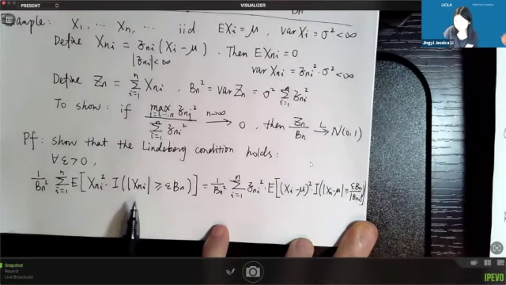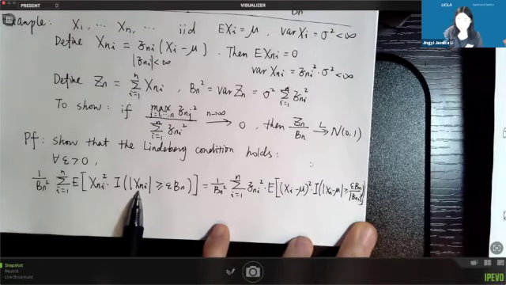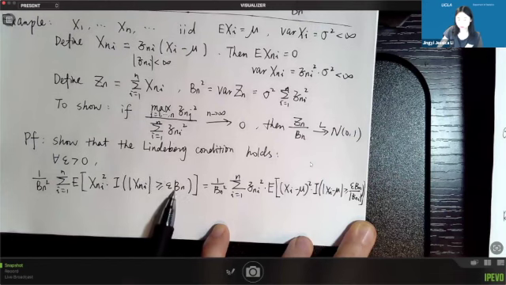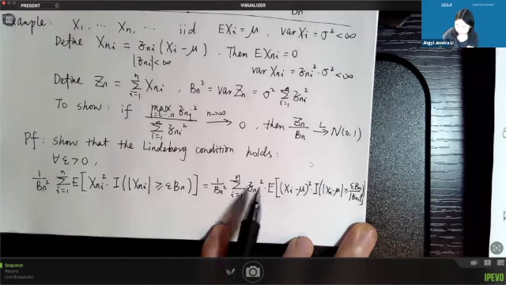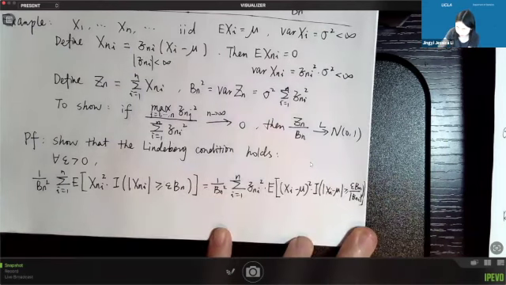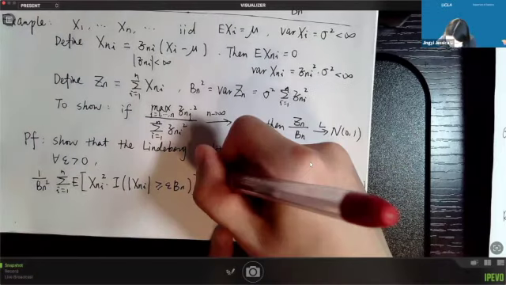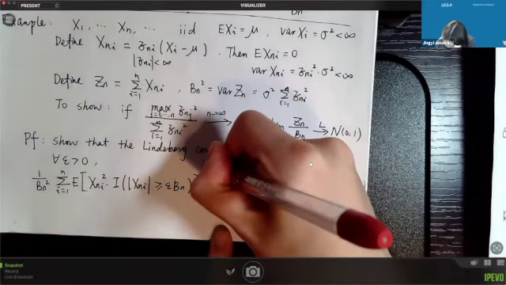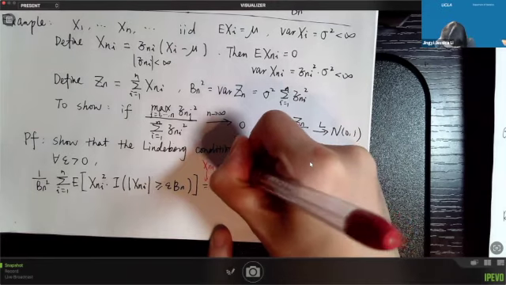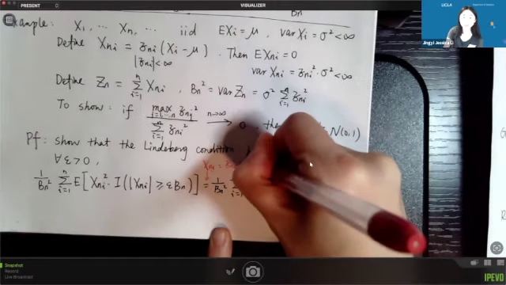I'm just rewriting this as absolute value of z_ni times absolute value of X_i minus mu, and then dividing the absolute value of z_ni to this side. That's it. So we just did the first step by the definition of x_ni equals z_ni (X_i minus mu). That's the only thing we did in this step.